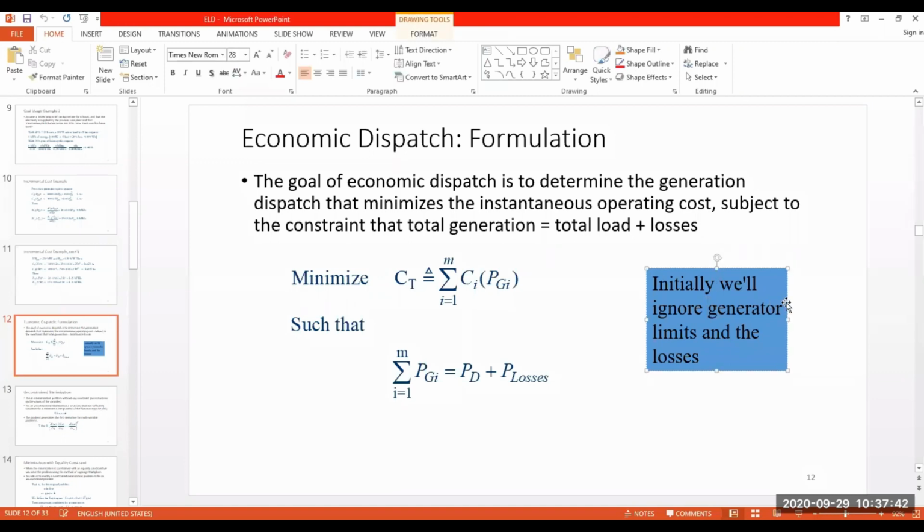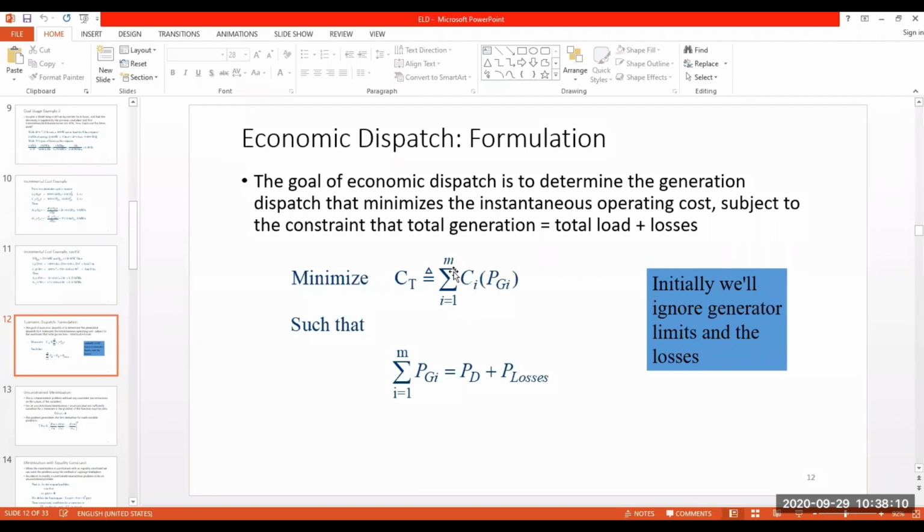To start with, we assumed that we are not considering the generation limits. So we are assuming that the generator can provide a sufficient amount of power, and there are no transmission networks, so no transmission losses are included in the problem formulation. Later on, we will see how the inclusion of these generator limits and the losses modifies the solution.